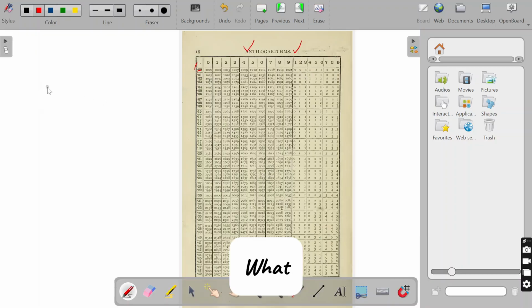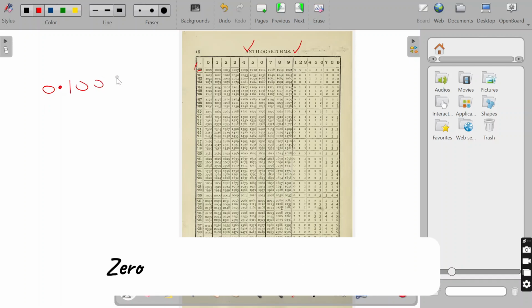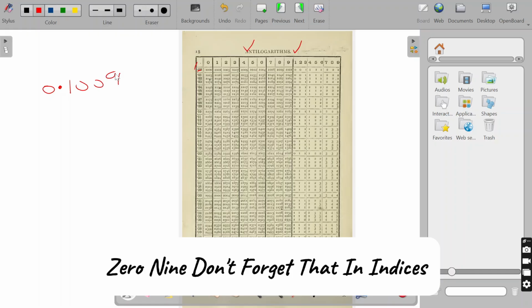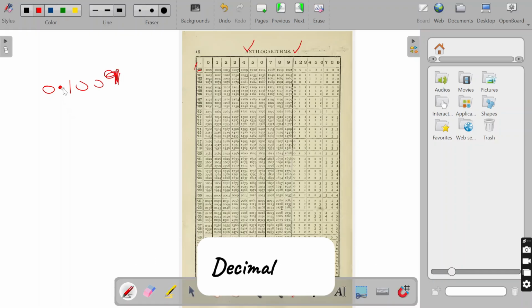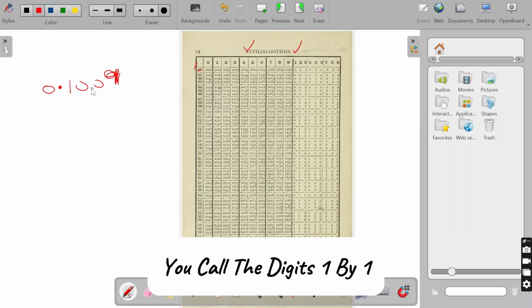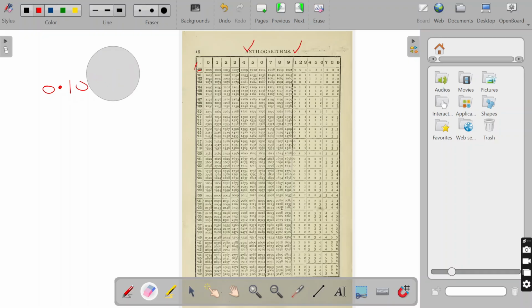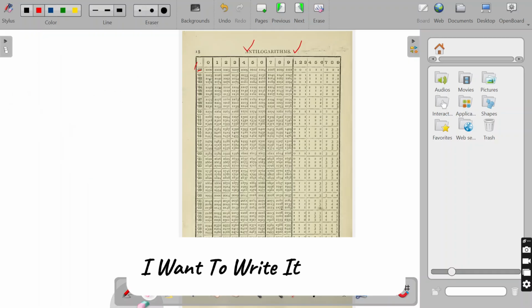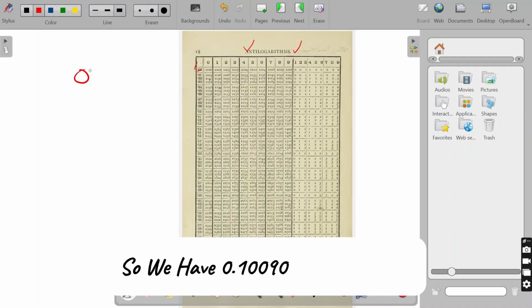So that will be what? 0.1009. Don't forget that in mathematics, after the decimal point, you call the digits one by one. 1009. I want to rewrite it for clarity. So we have 0.1009.